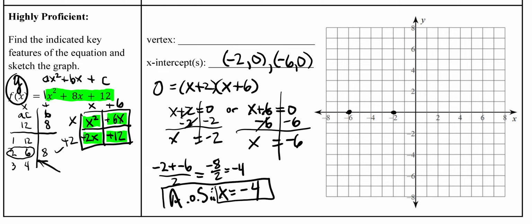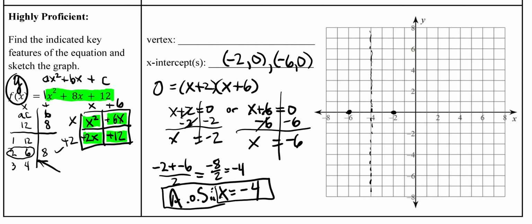I can also just count. There's 1, 2, 3, 4, and half of that is 2. So I can count 1, 2, and there's the point. Or from the other side as well, 1, 2, and there's the point. It's not really a point, it's just a line. I like to show it with a dotted line. So I draw that dotted line.